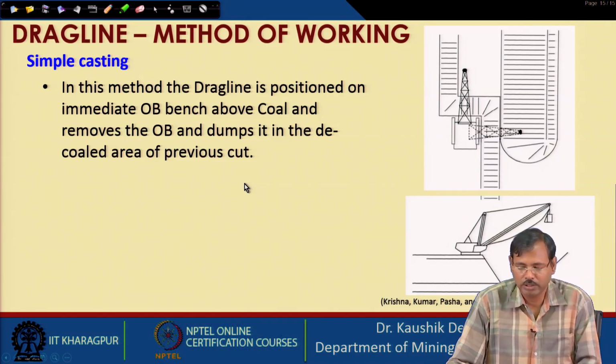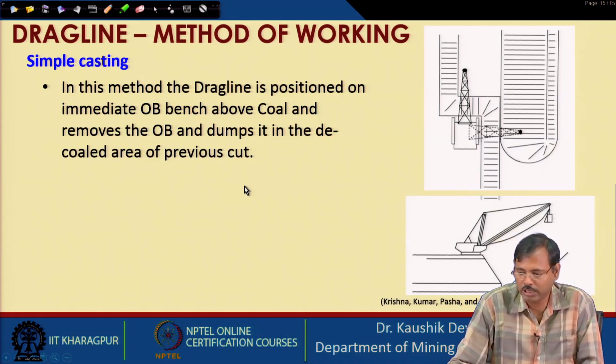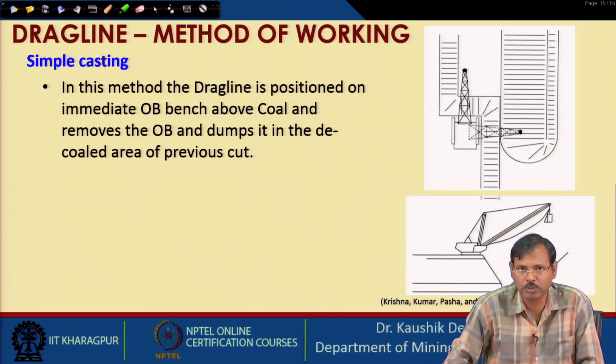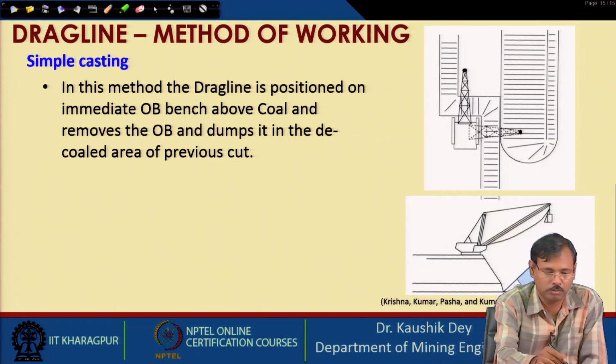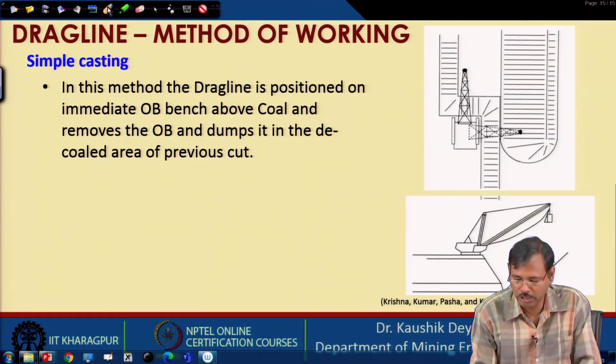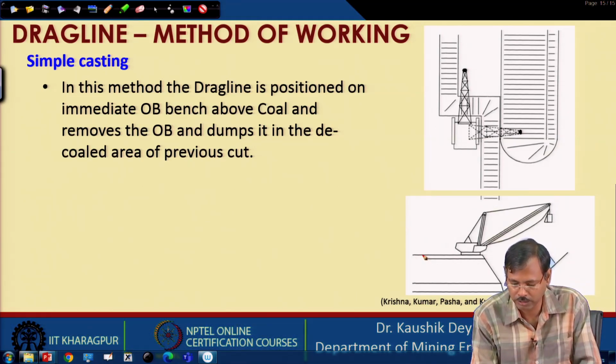Now, let us understand how the drag line works. Drag line basically works for casting the material, casting the overburden blasted rock from its face to the dump yard. So, if you look into this figure, this is the bench.